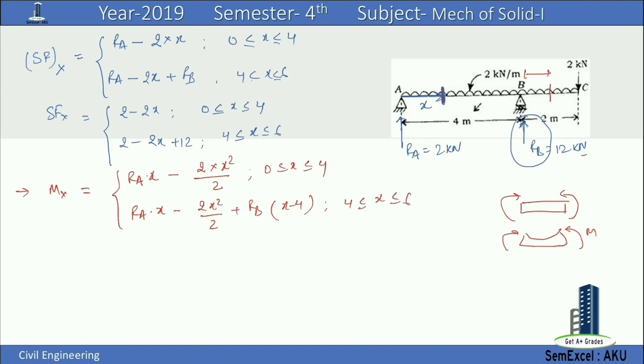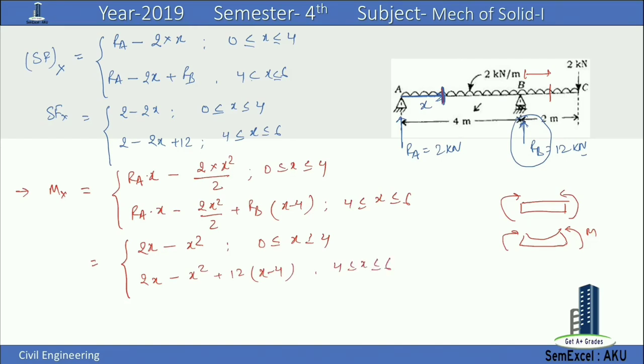Let's calculate this value. We'll put the values of RA and RB in these equations, and what we get is RA into x minus x square, which is 2x minus x square if x is between 0 to 4. RB is 12 into x minus 4, for 4 to 6.